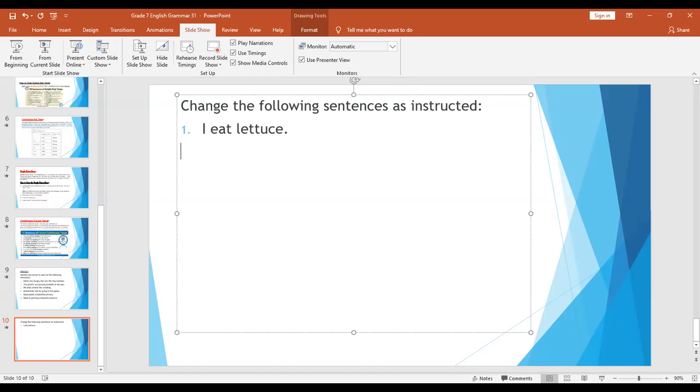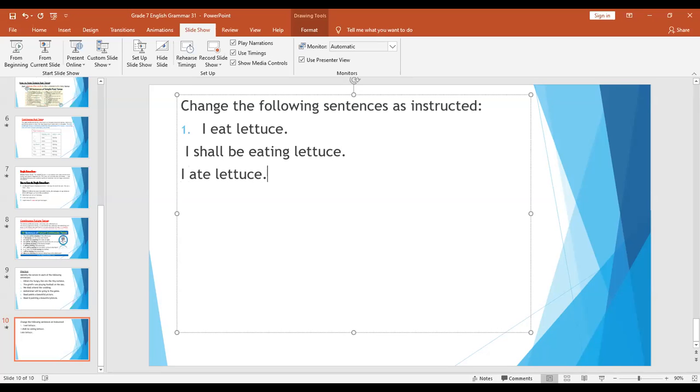To put that into the future continuous. Now, future means it must still happen, and continuous, ing at the end of the word. So it will be I shall be eating lettuce. Okay? If I had to put that same sentence into the simple past tense, I would just change the verb. I ate lettuce.